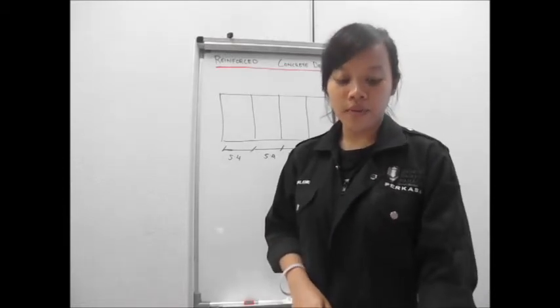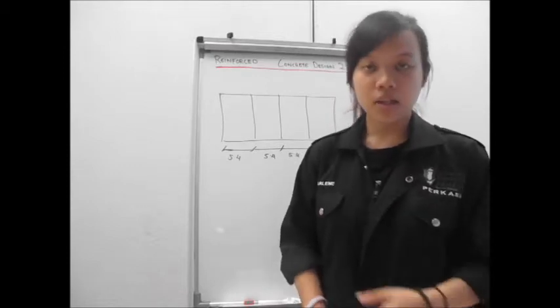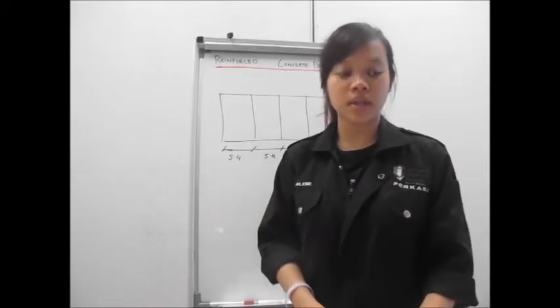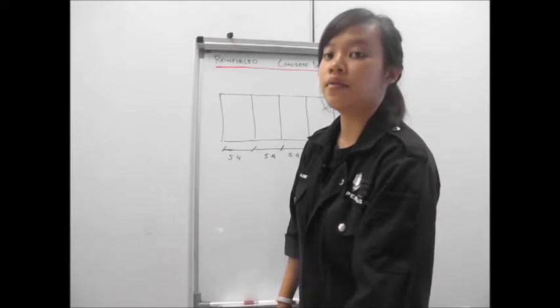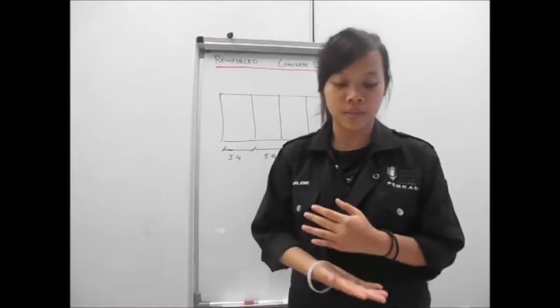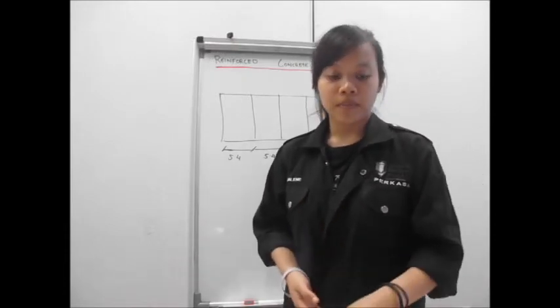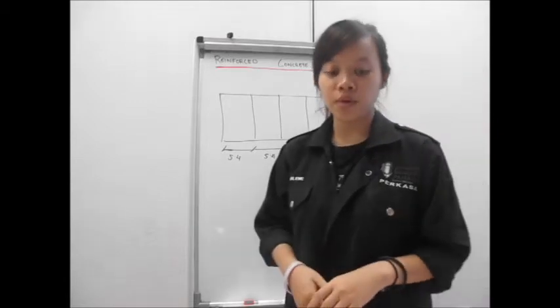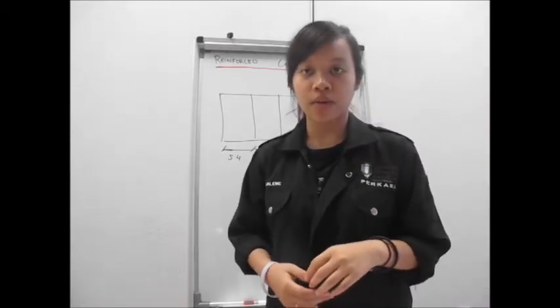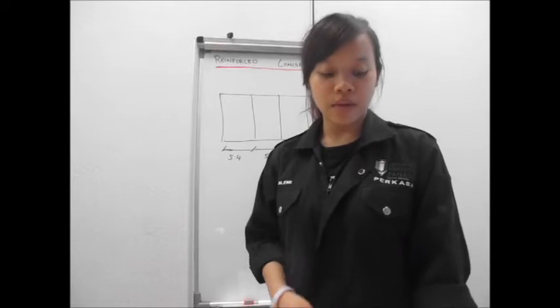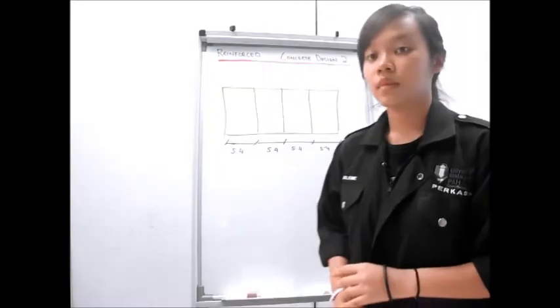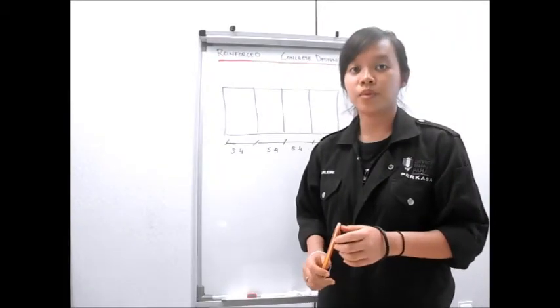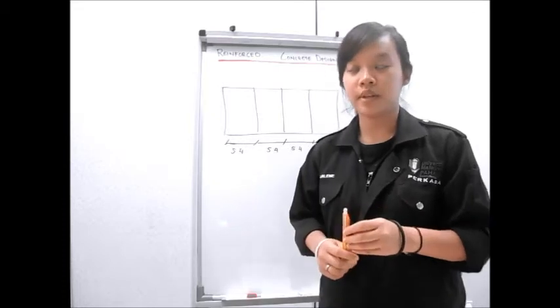Then we can find the maximum shear. Then we can check the deflection and cracking, whether it passes or fails. And last but not least, we produce the bending moment diagram to find the drawing. So now I would like to pass to my team member to proceed with the next design.